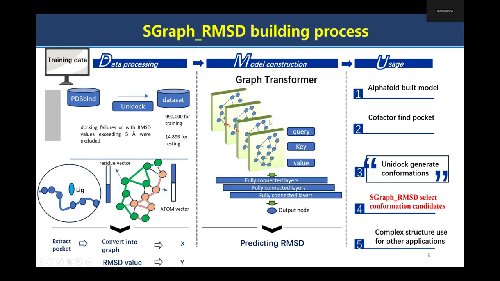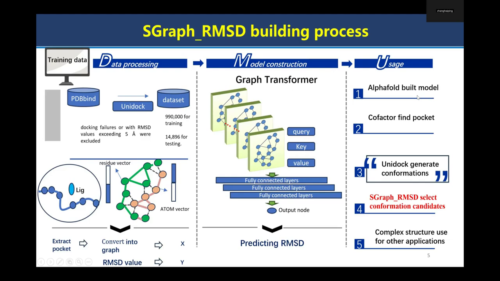Then we constructed a model. This is inspired by our previous work. We previously used GCN models to train on such a graph, but this time we improved it with the graph transformer. After training, we got a model that can predict RMSD, which we finally used for this competition. In this competition, we have several steps.